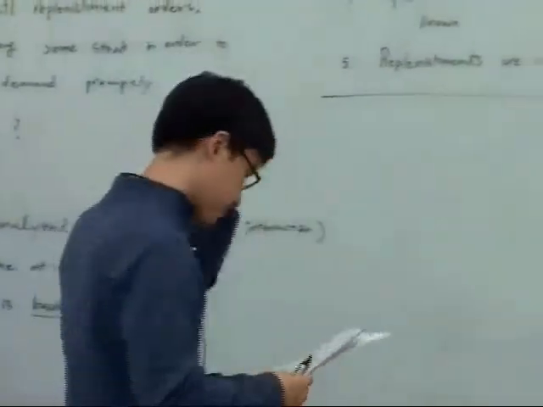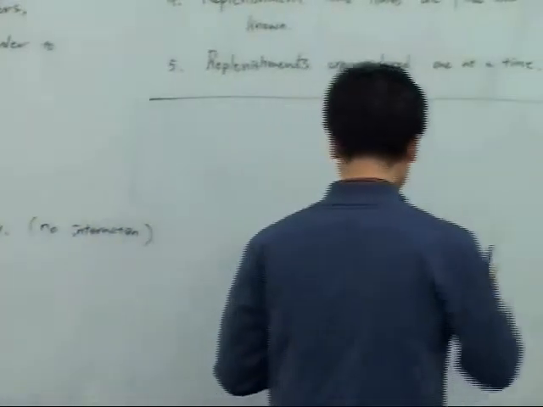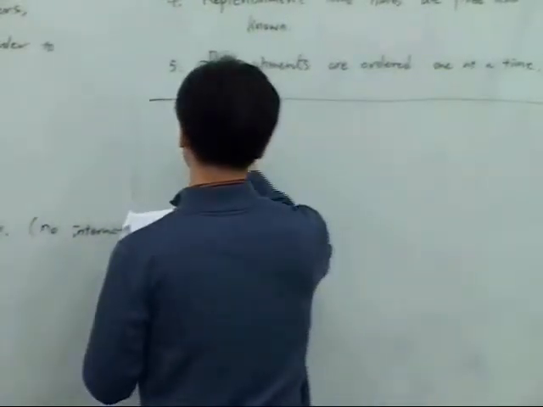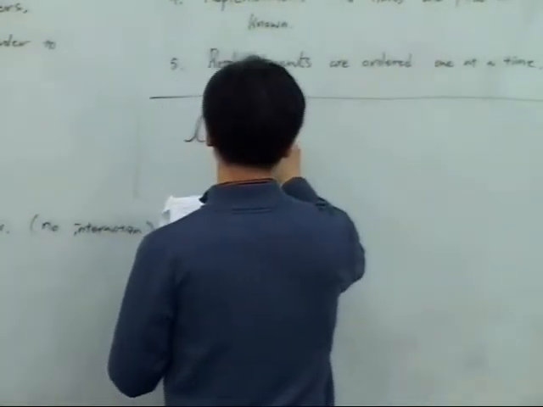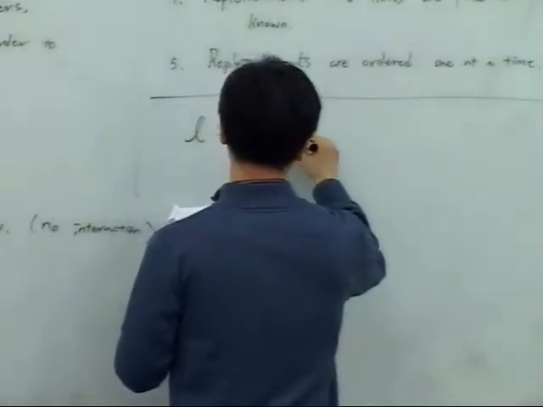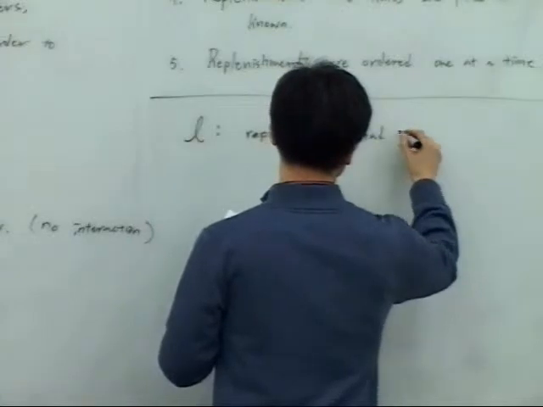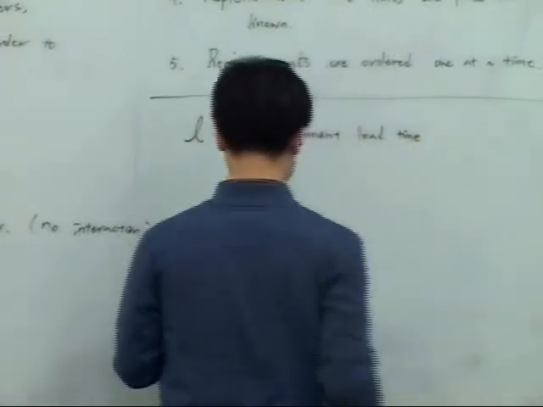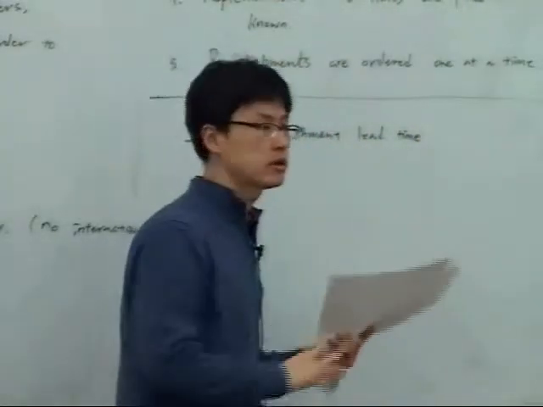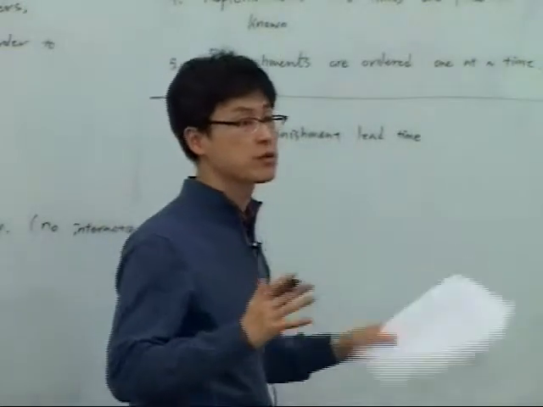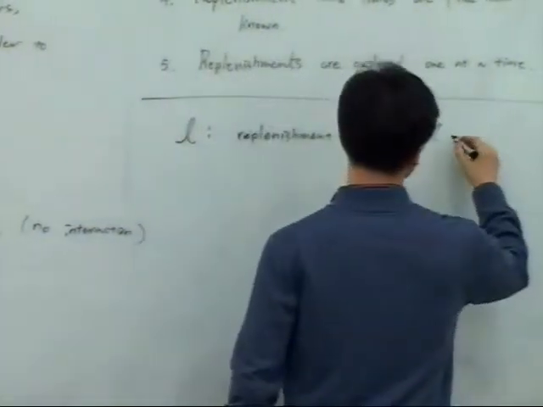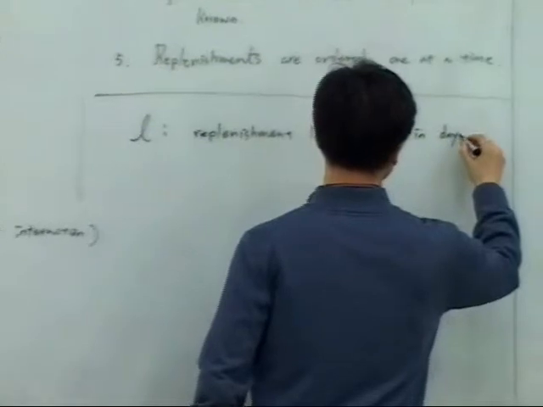Before we derive the formula, let's write some mathematical notation. Let's say L is the replenishment lead time. It's going to be some time unit, so let's say this is in days.